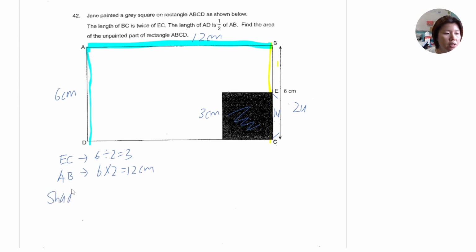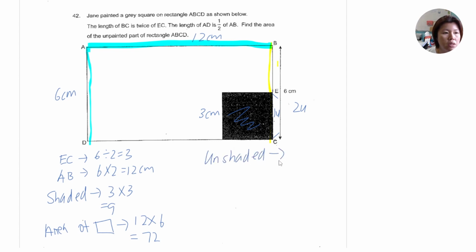So shaded is 3 times 3, which equals 9. And my area of rectangle is 12 times 6, which gives us 72. So unshaded is actually 72 minus 9, which will give us 63 cm squared.